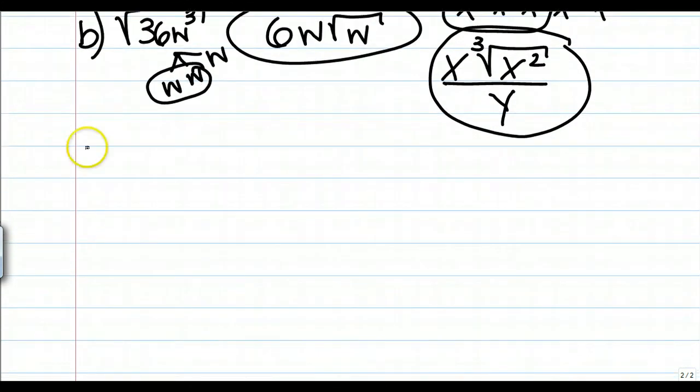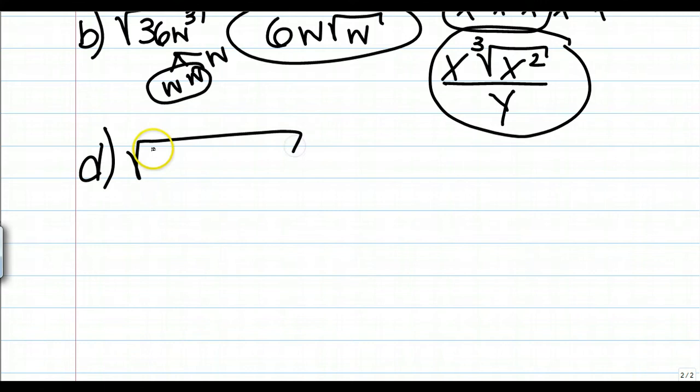D. I have the square root of 4a squared plus 4b squared.